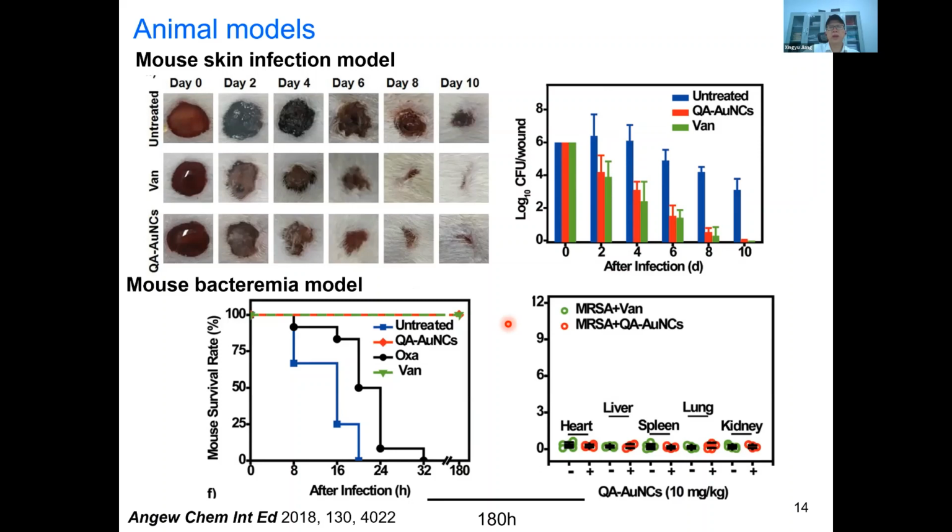And you can also look at major organ infections, and you see that the major organs are really cleared of all the bacteria in the heart, the liver, the spleen, the lung, and the kidney. So that's a very good sign that the bacteremia has been completely reversed.